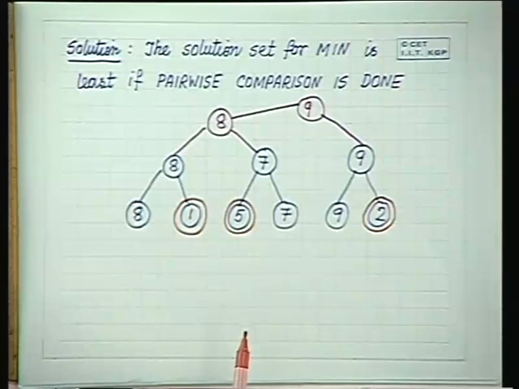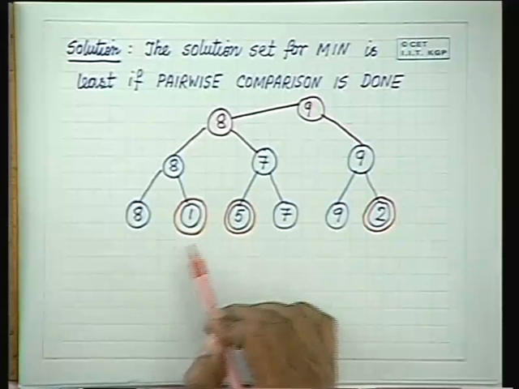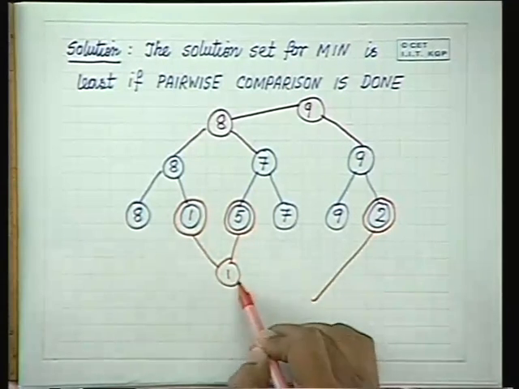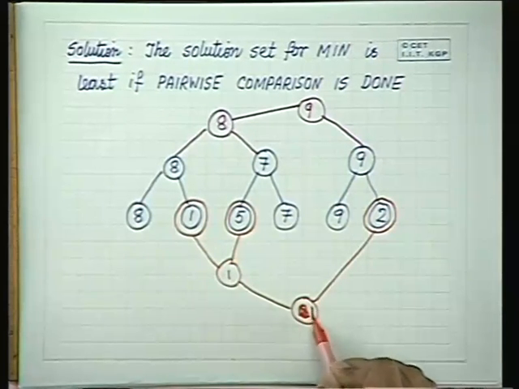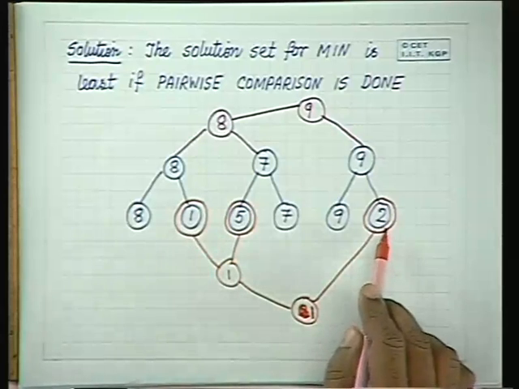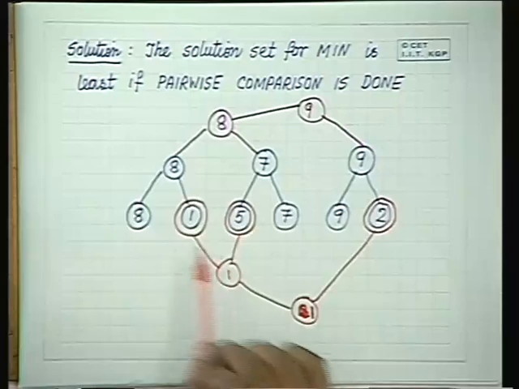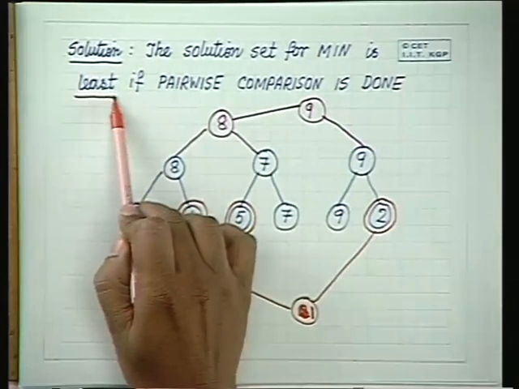And what you can do is, you can have another tournament between the losers in the reverse direction. Sorry, this will be 1, and declare the minimum. So the solution set for min will be least.